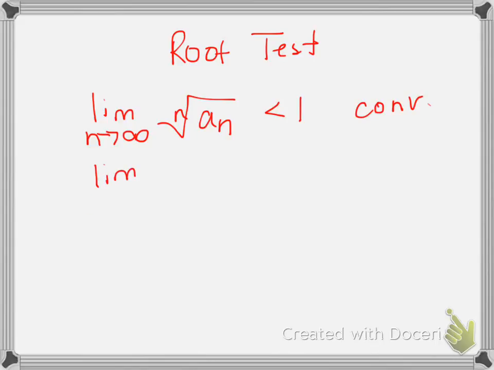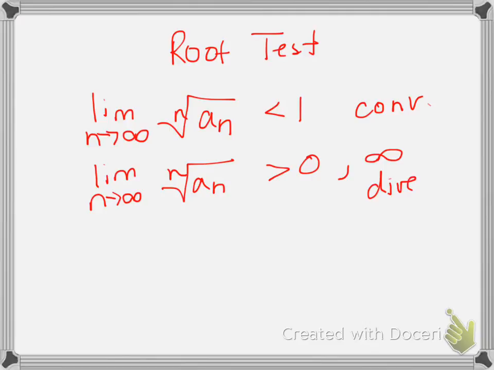If you take the limit with the root of a to the n and you get infinity or greater than 1, then that diverges. And then it's inconclusive if you get 1. Just like the ratio test.